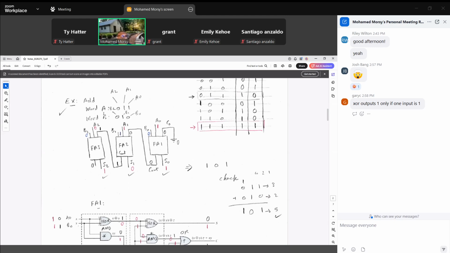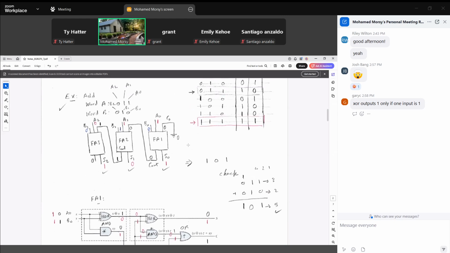As we see, we need to add word A and word B. Word A has 3 bits, word B has 3 bits. So we need 3 full adders to add them. So it's connected like this.